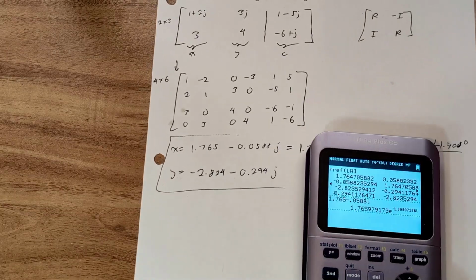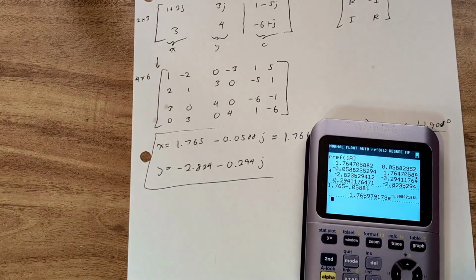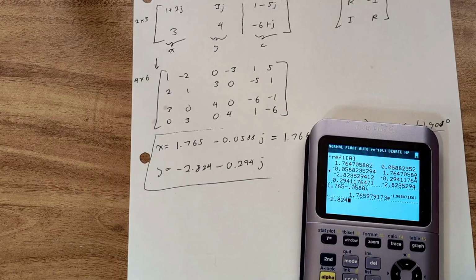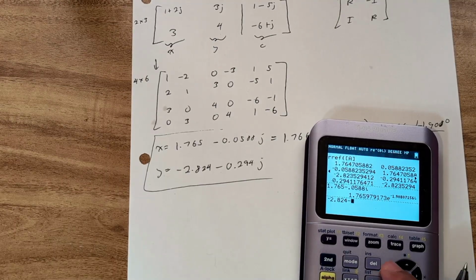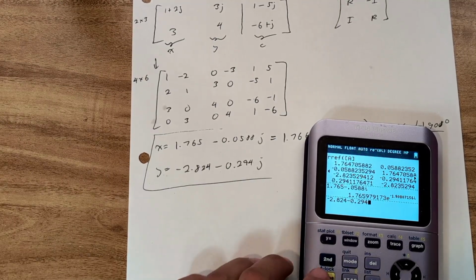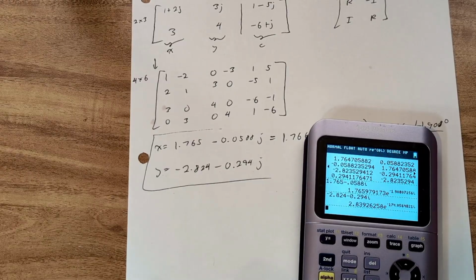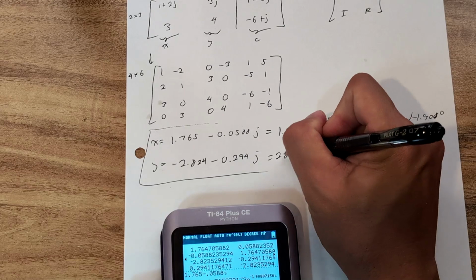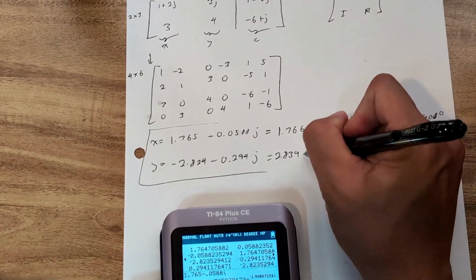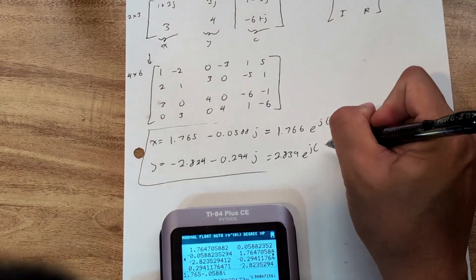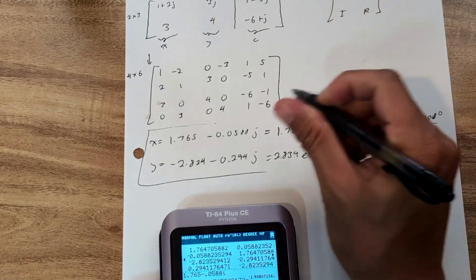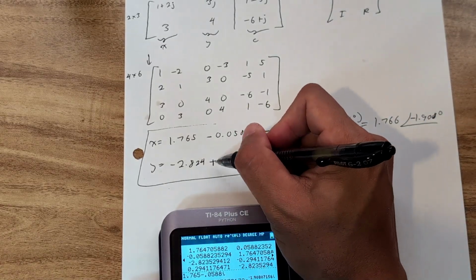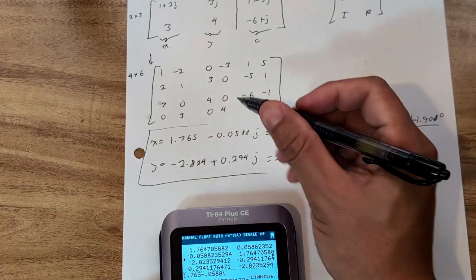And then we're going to take this part right here, negative 2.824 minus 0.294 I. Press enter, and then your answer is going to be 2.839 E J. And this is supposed to be positive, by the way. So that's a typo.